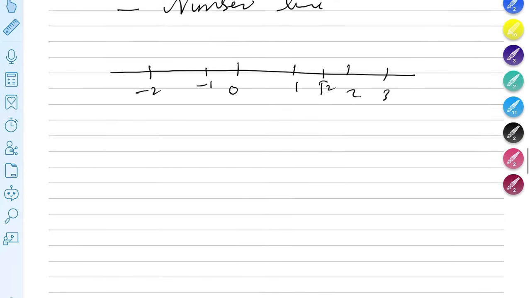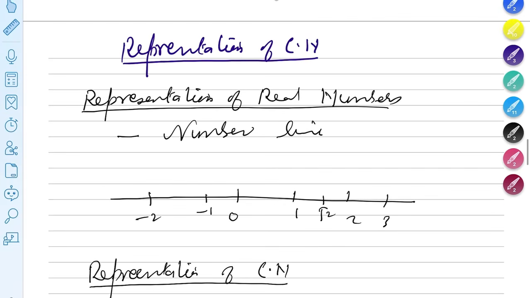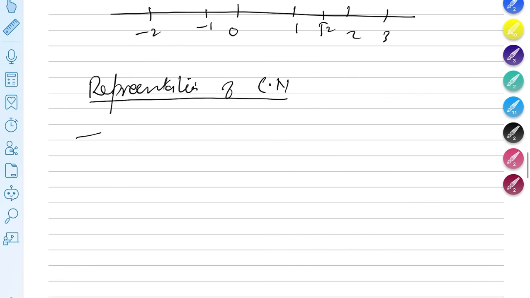But if we talk about the representation of a complex number, just like real numbers are represented on a number line, which is nothing but a line that has all the real numbers, in the same way complex numbers are represented on a plane, which is called the Argand plane, or the complex plane.